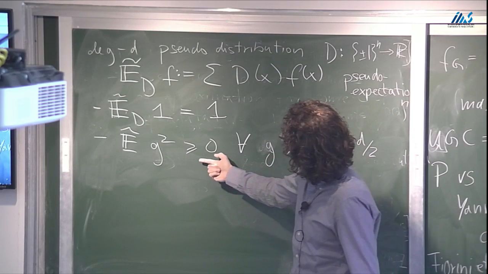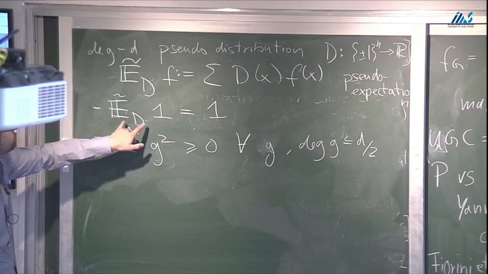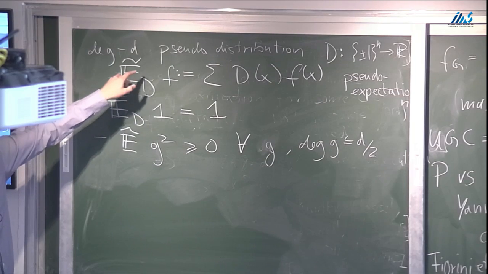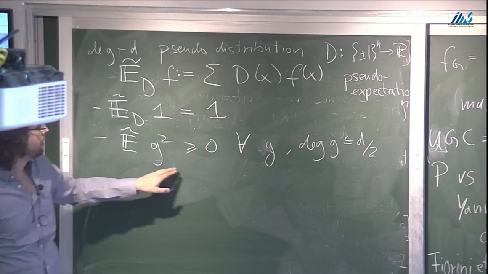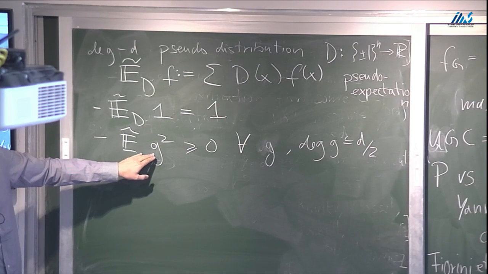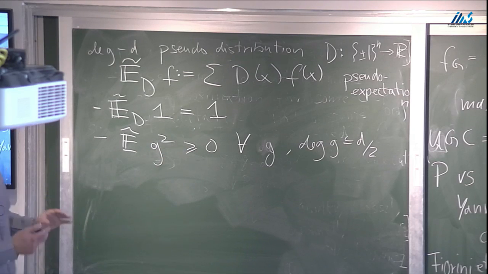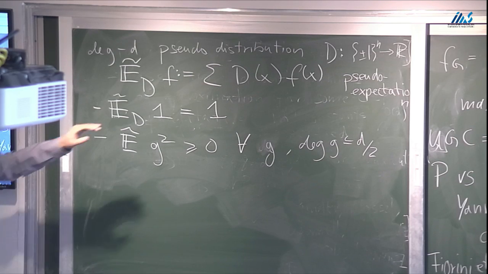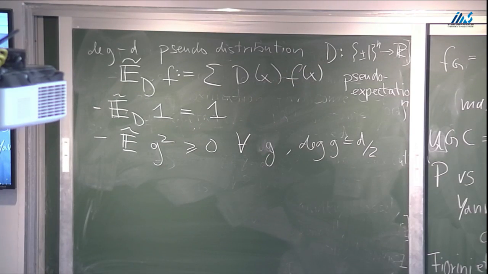So you see that the conditions that we impose on a pseudo-distribution only talk about the correlation of capital D with functions of degree at most d, and this means that these conditions really only restrict the degree d part of the function capital D. This follows by more or less the same argument that you said.